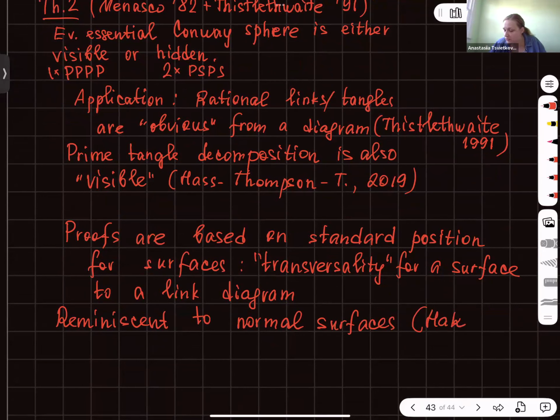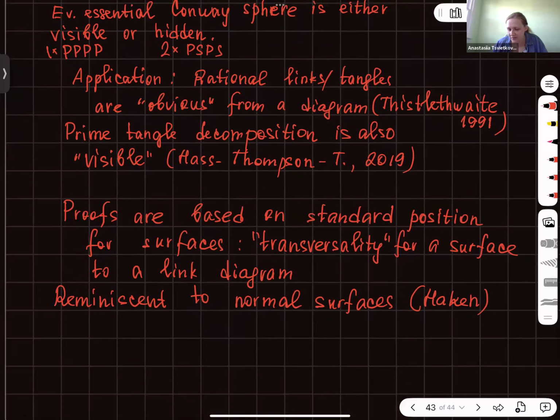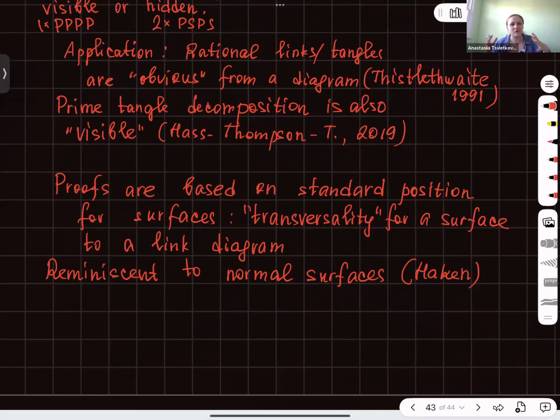So normal surfaces are also based on transversality, except your transversality is to the triangulation of a three manifold and not to a link diagram, right? It's not necessarily in cusped manifolds, you can use it in closed manifolds. And both of these techniques inform the study of three manifolds in a profound way.